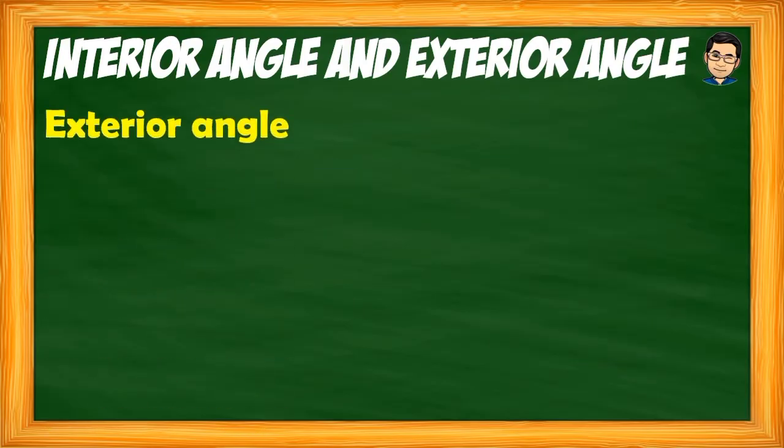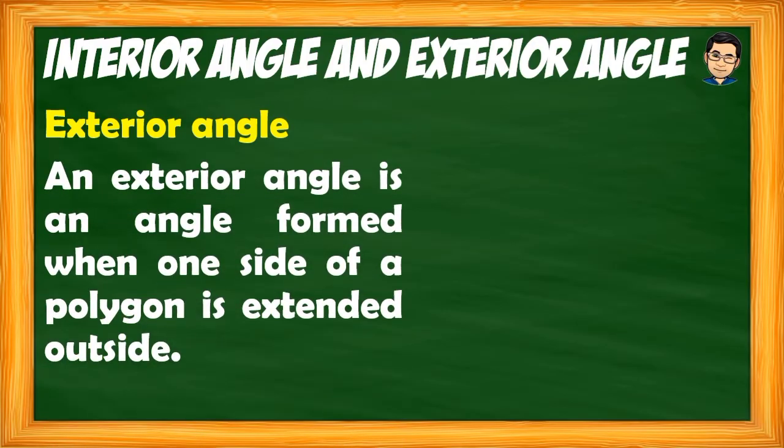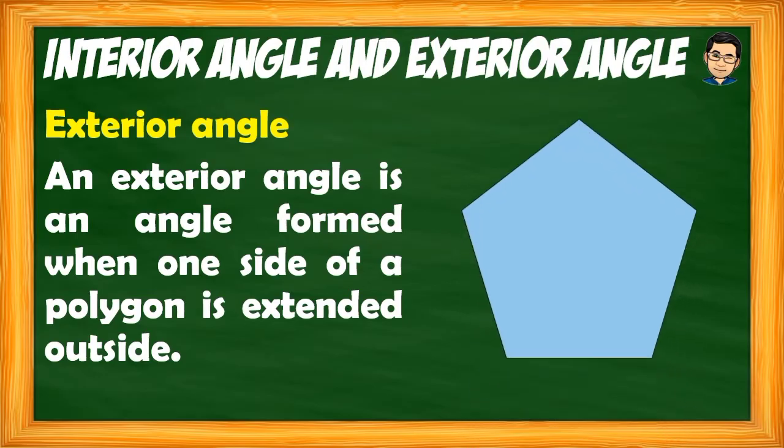So let us have the exterior angle. An exterior angle is an angle formed when one side of a polygon is extended outside. So, kailangan po natin extend yung isang side ng polygon para po ma-form or makita natin yung exterior angle. Let us have an example. This is an example of a pentagon.